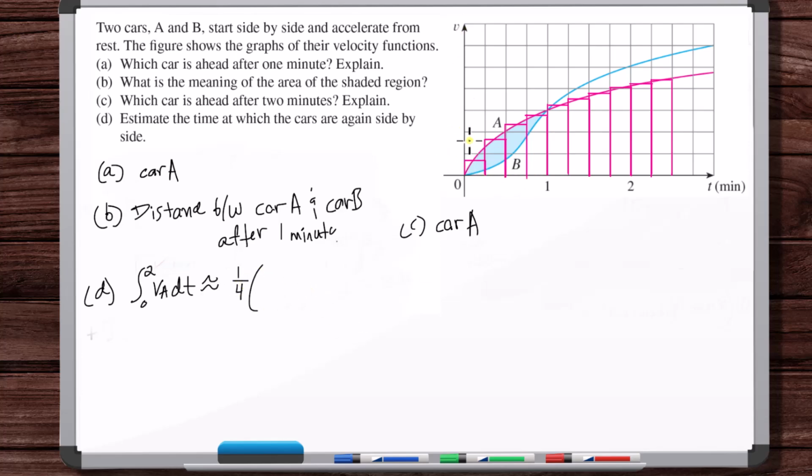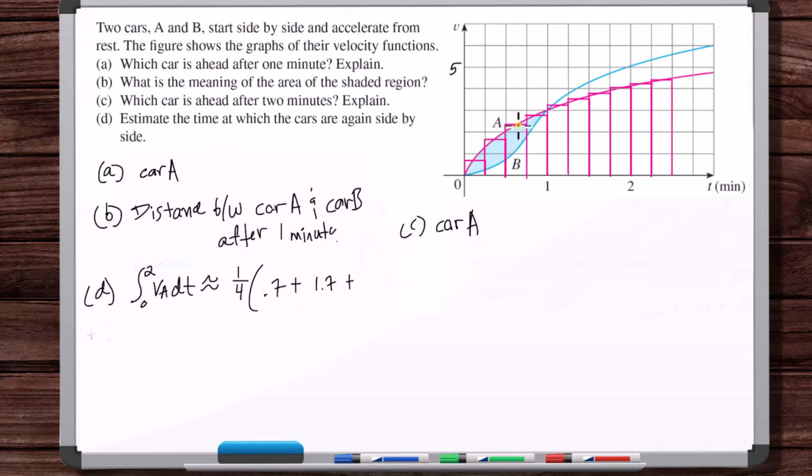And then the velocity, it doesn't give us the velocity, so this is purely for comparison. So we're just going to assume this is like 1 velocity unit, 2, 3, 4, 5. It's just whatever this velocity unit is. So each block width is 1/4. Now the height here would be about 0.7. Here it's about 1.7.